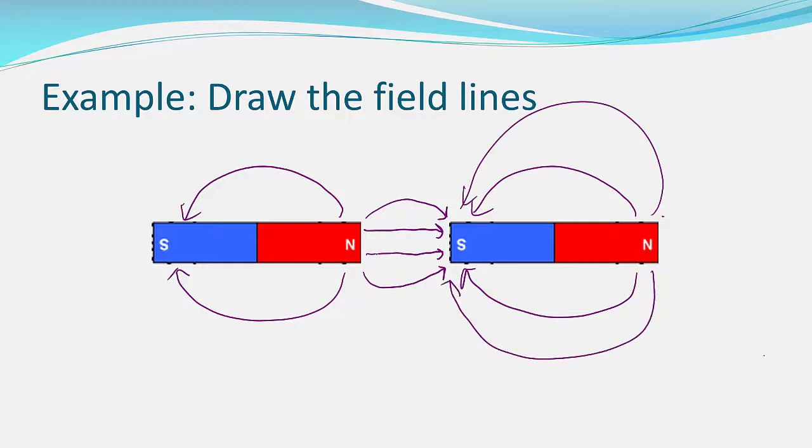So if you look around the north poles, all the norths have exits and all the souths have arrows going into them. What you're demonstrating there is the attraction between the north and the south. What I'll do now is we'll have a look at when you have those poles next to each other.